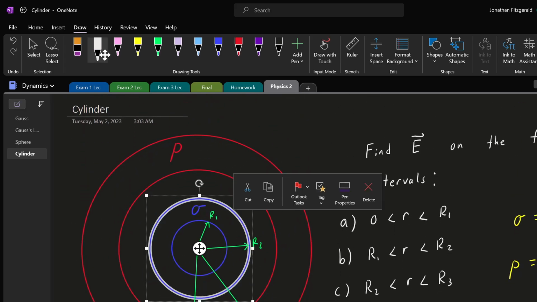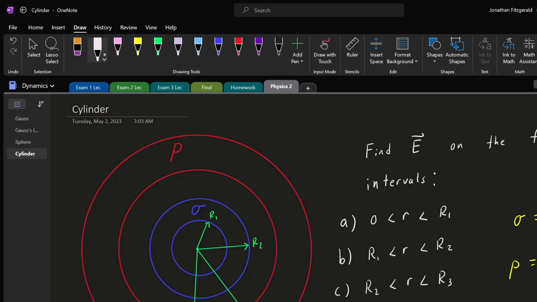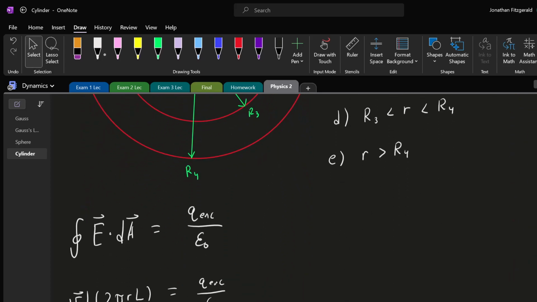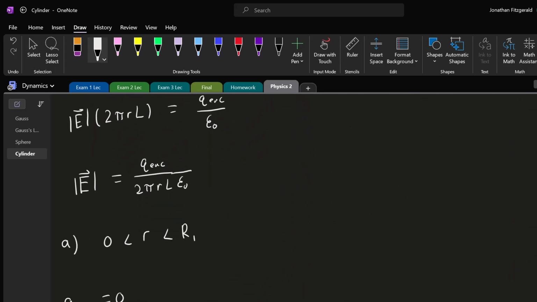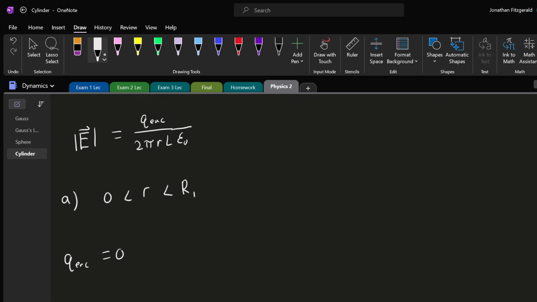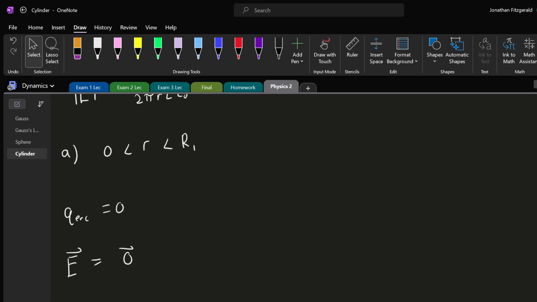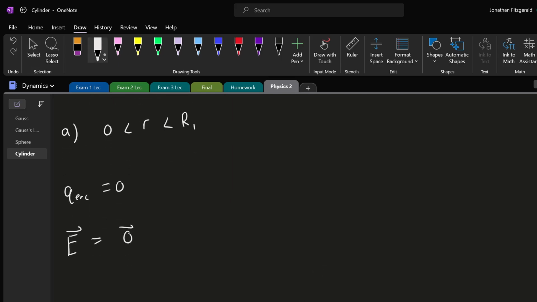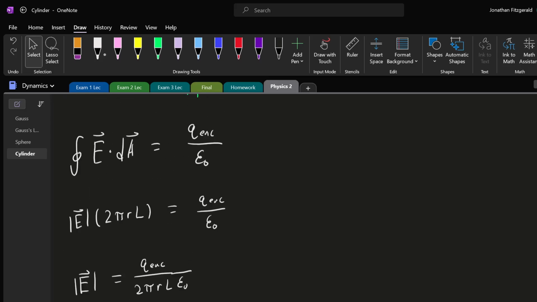From 0 to R1, we are not enclosing anything because it's just empty space. Q enclosed equals 0. Therefore, the electric field is going to be the 0 vector because there's no charge enclosed, there's no electric field. Super easy.